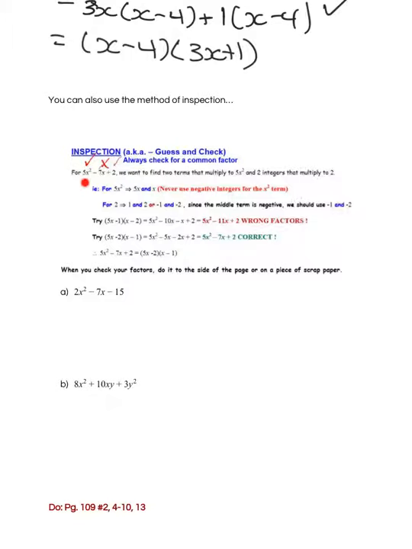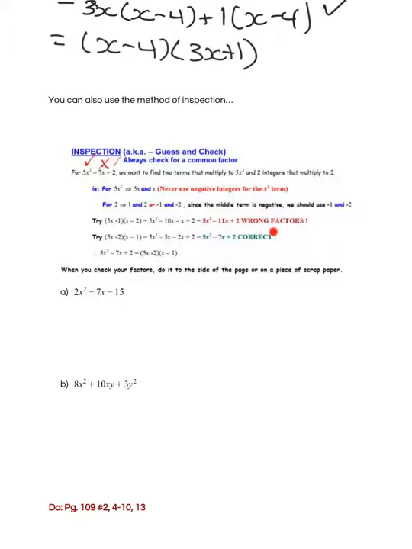Okay, so you need two things that multiply to 5 and two things that multiply to 2. So for 5x squared, we know that 5 and x are the only things that are going to multiply to 5x squared. And for 2, we know that 1 and 2, or negative 1 and negative 2, are the only things that are going to give us our desired values here.